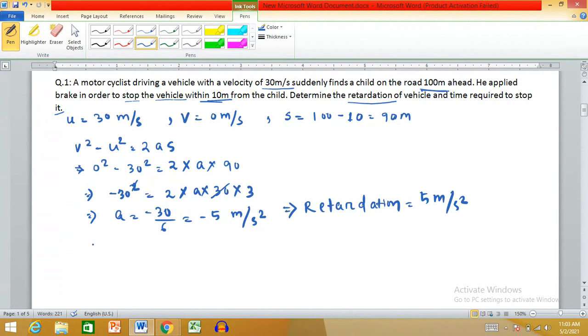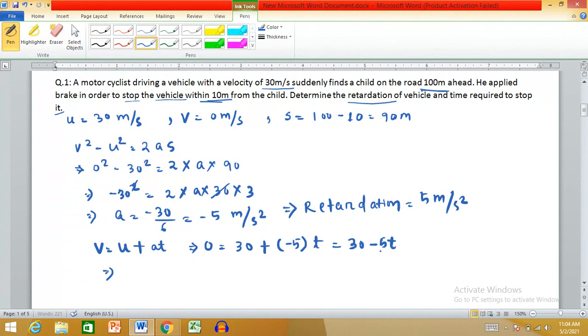For time, you need to put the first equation of motion, that is v is equal to u plus at. So your v is equal to 0, 0 is equal to 30 plus, what is the value of a? Minus 5t. So I am writing 30 minus 5t.